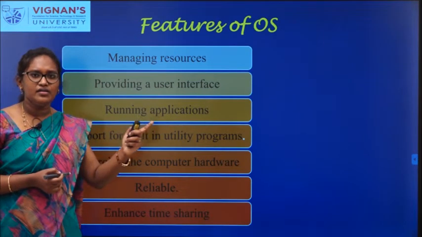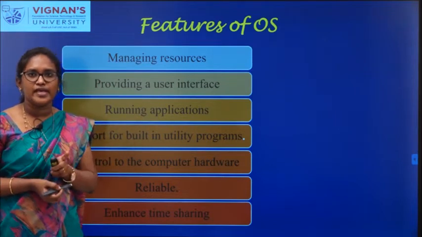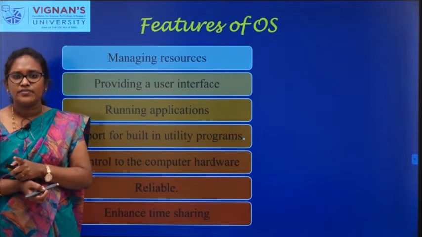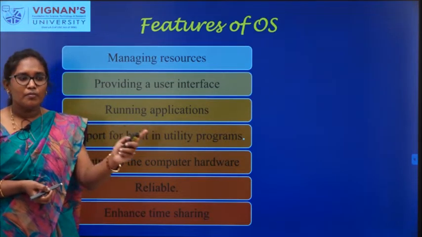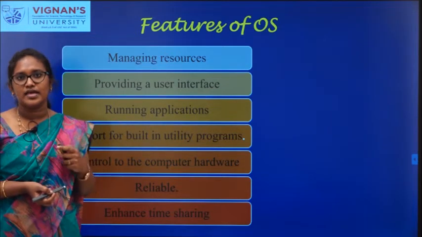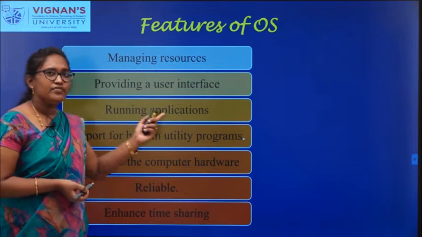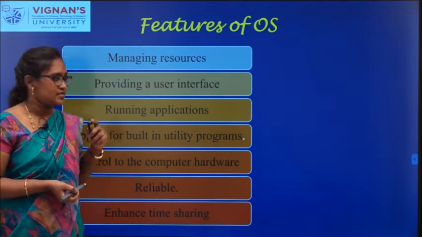You will be having Microsoft Word document, then Notepad, and playing games or painting a picture in an application, right? So multiple applications will be run at the same time.